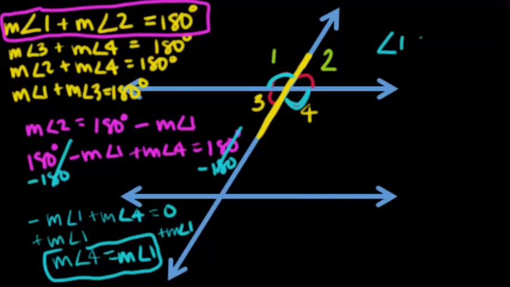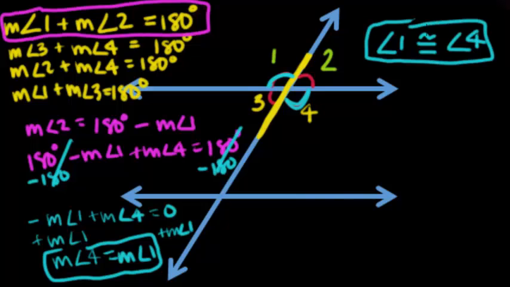They are the same. And the way that we say congruent is with this kind of weird equal sign symbol, but it has a little squiggly on top that's called a tilde. And so we can say that the measure of angles 1 and 4 are exactly the same.